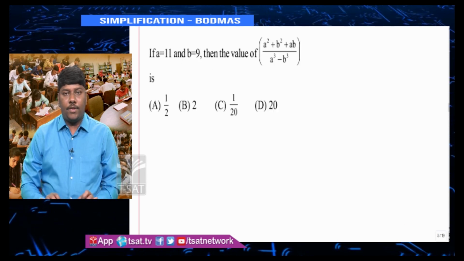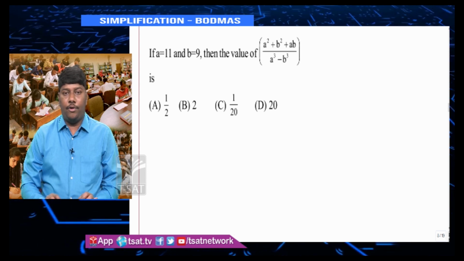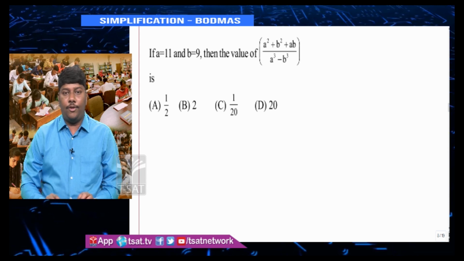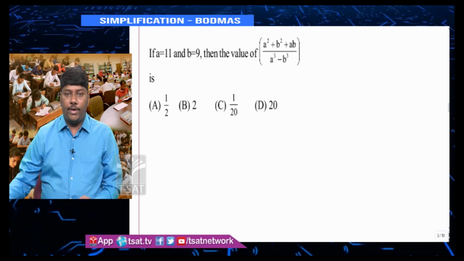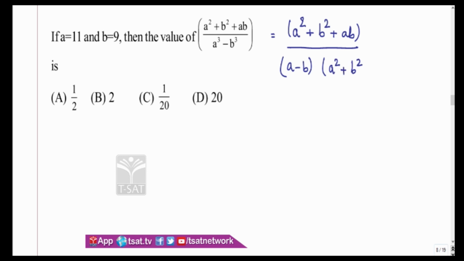Look at this sum. Here a is equal to 11 and b is equal to 9. Then what is the value of (a square plus b square plus ab) divided by (a cube minus b cube)? So, how do we write a cube minus b cube? We write a cube minus b cube as (a minus b) into (a square plus b square plus ab).